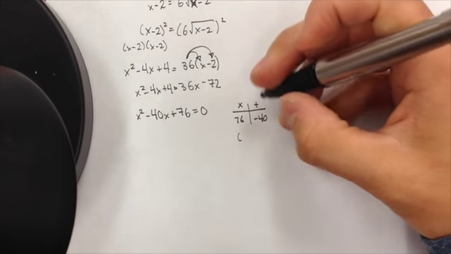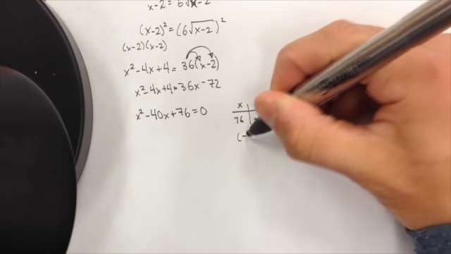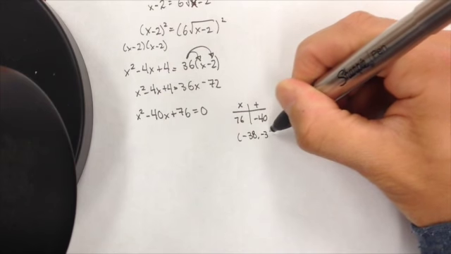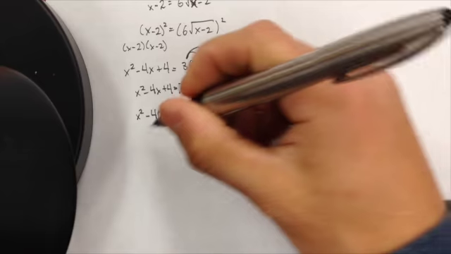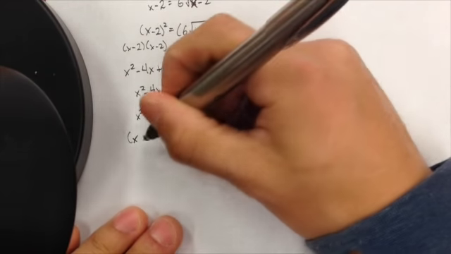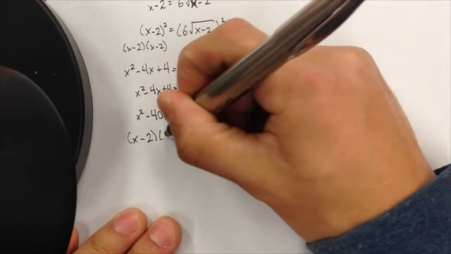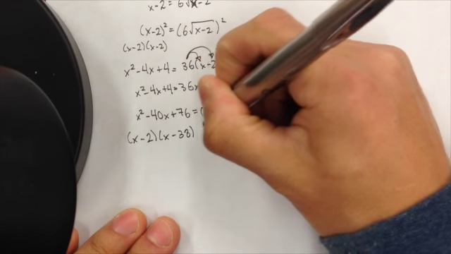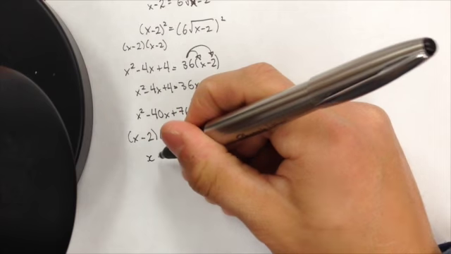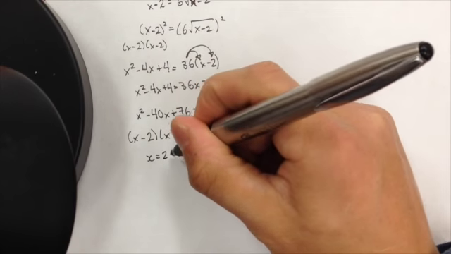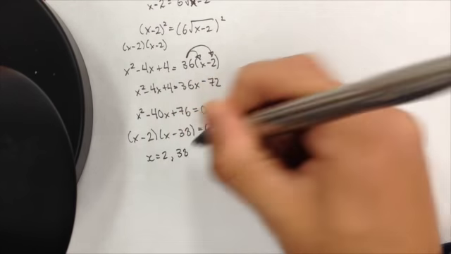It has to be negative 38 and negative 2. So that's x minus 2, x minus 38, and that equals 0. So our solutions are x is equal to 2 and 38.